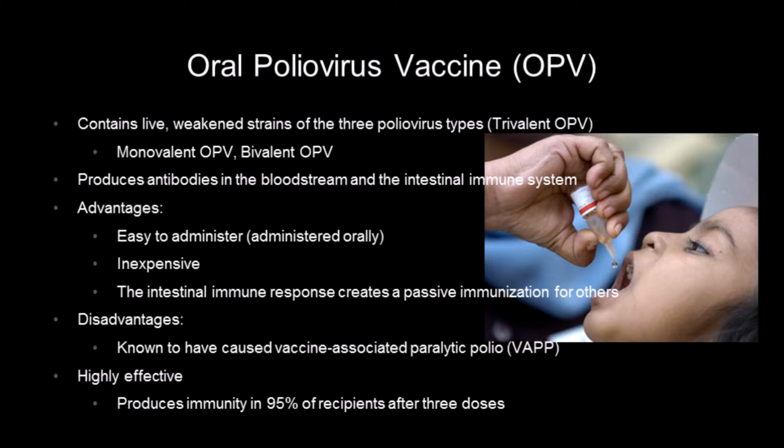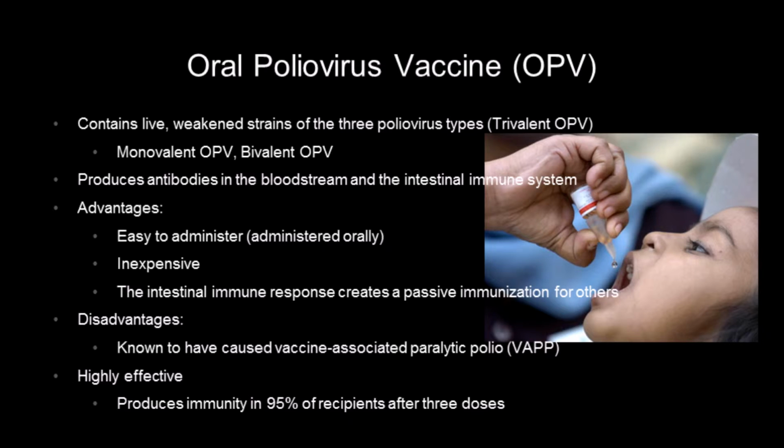This is the type of vaccine that you're going to see in underdeveloped and developing countries, because it is very easy to administer. It's administered orally, and there's no need for sterile equipment or training to do this. So it can be given to thousands of children in a matter of a few days.